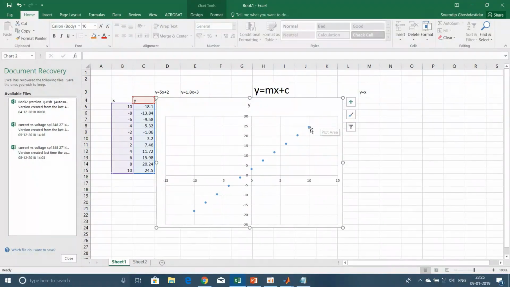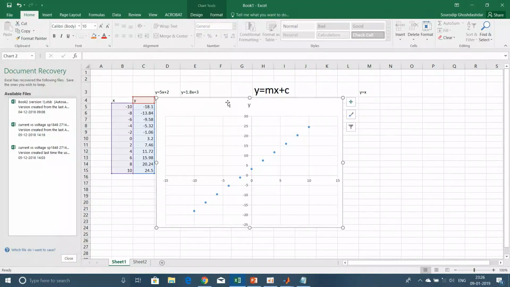So the curve would be of the type y is equal to mx plus c, and as you can see, for different values of m and c, the resulting curve would be different.